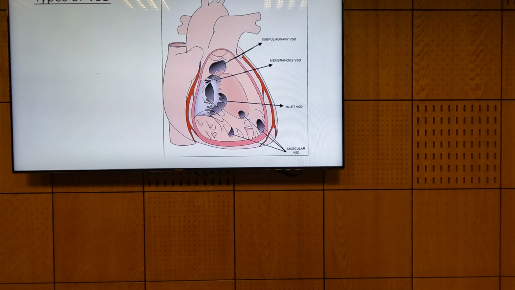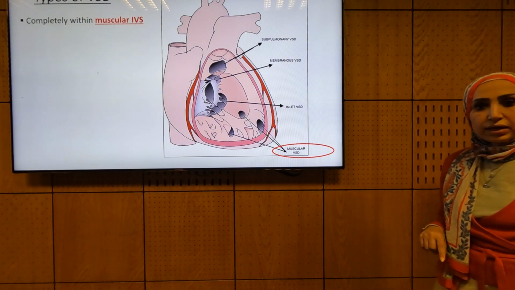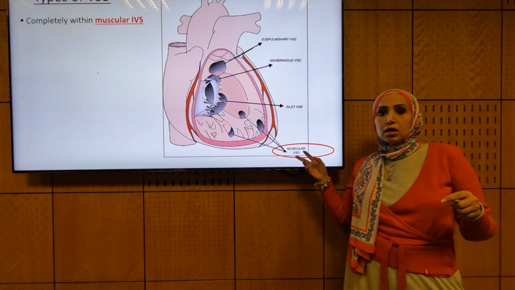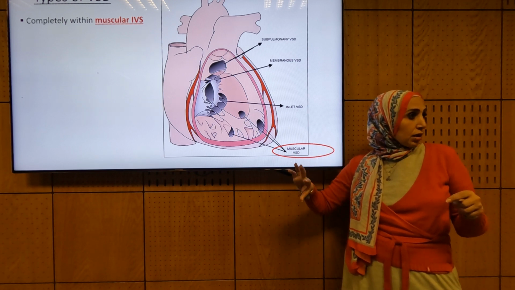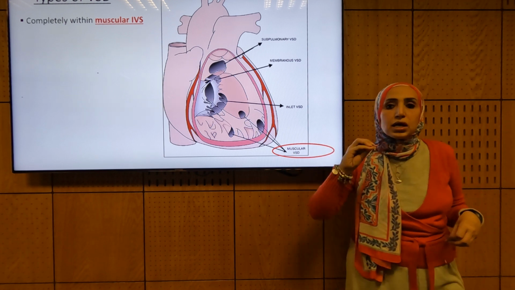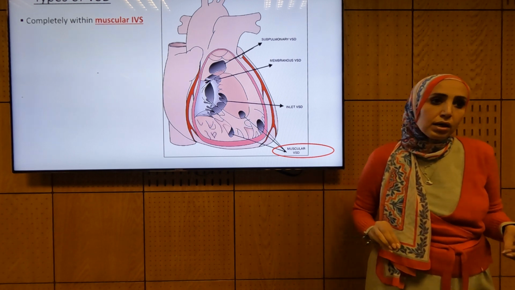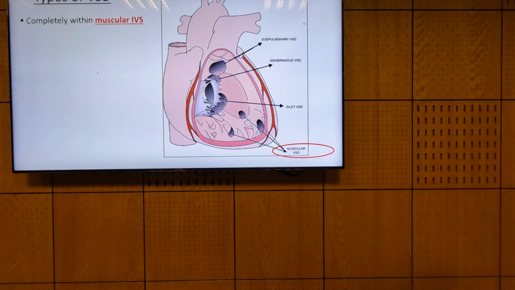So actually, there are 4 types of VSD. We will start by enumerating them. We have muscular VSD, and this means that all the margins of this defect are muscle. We have different types according to the site of the VSD, but the bottom line is that any VSD whose edges are all surrounded by muscle, we call it muscular VSD.